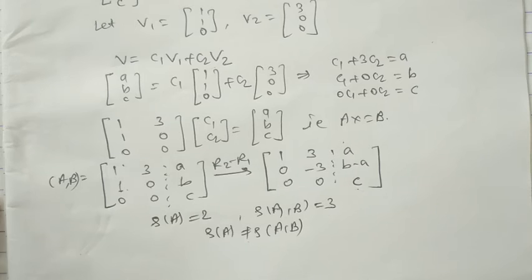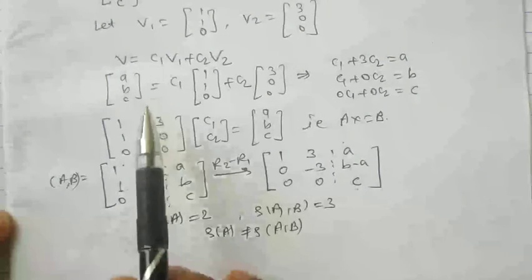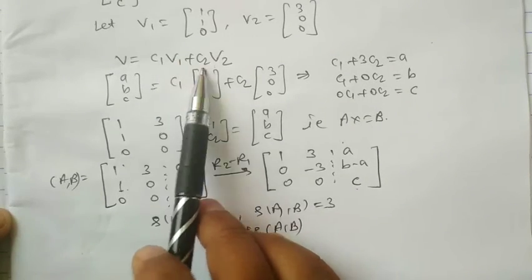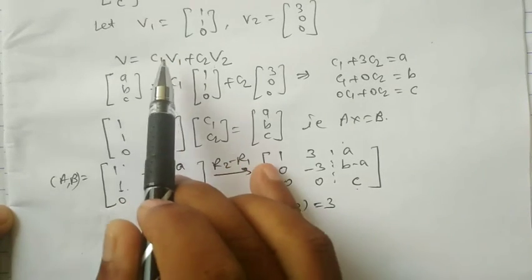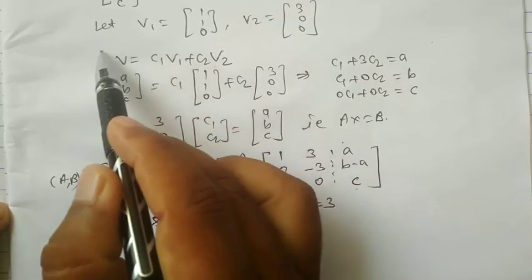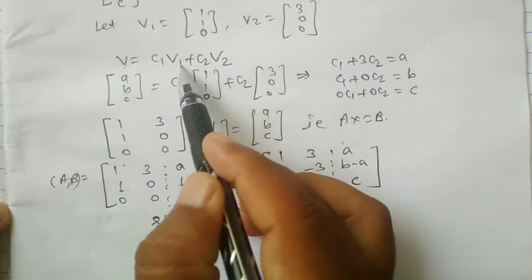That means we are unable to find the values of C1 and C2. The system has no solution, so there are no values of C1 and C2 such that V equals C1 V1 plus C2 V2. That means we cannot write V as a linear combination of V1 and V2.